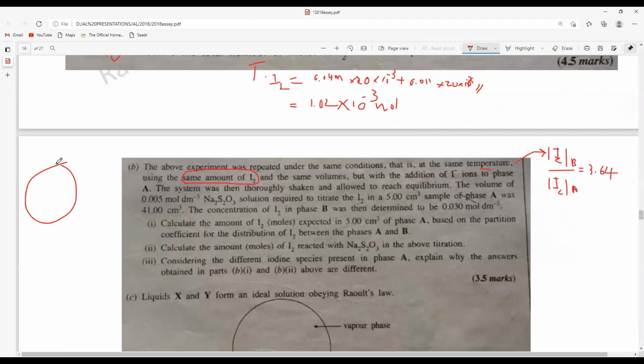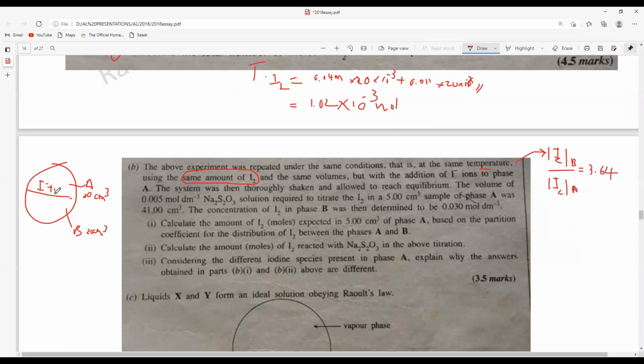So you see there is a little bit of difference now. Same B and A, same volume, 20 cubic centimeter, so here also 20 cubic centimeter. But in phase A, we have added a little bit of I minus.